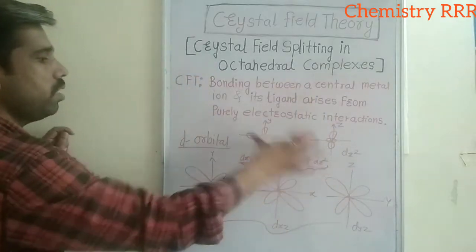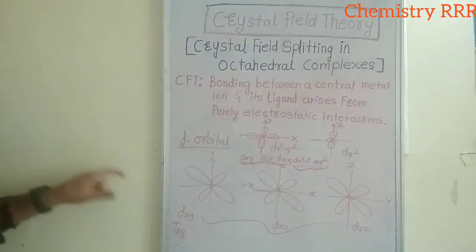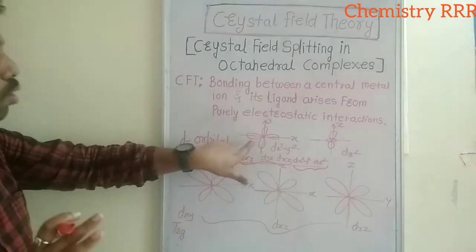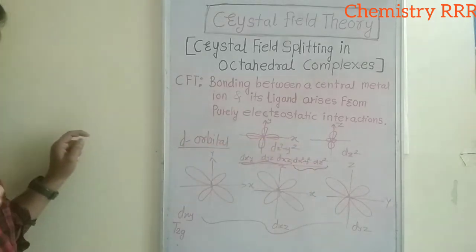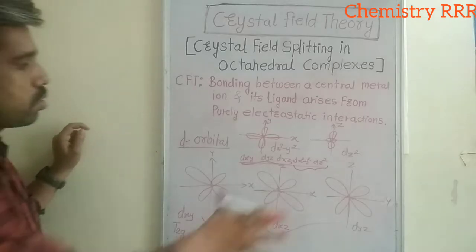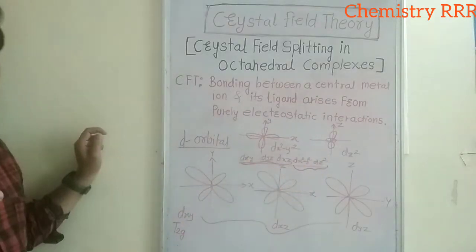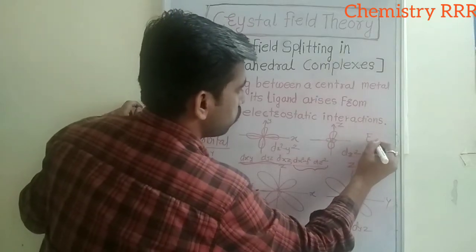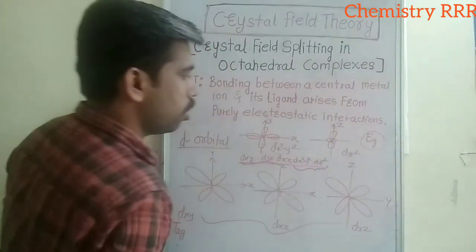Now these are the shapes of orbital. Three orbitals are present in between the axes and two orbitals are present along the axes. So these two orbitals present along the axes are called the Eg set of orbital.